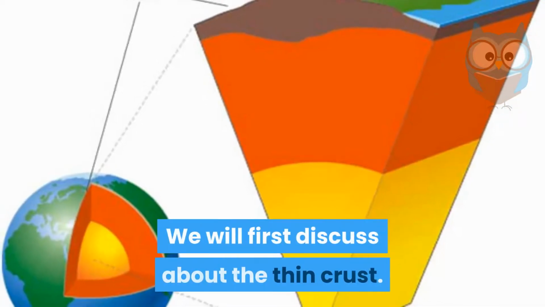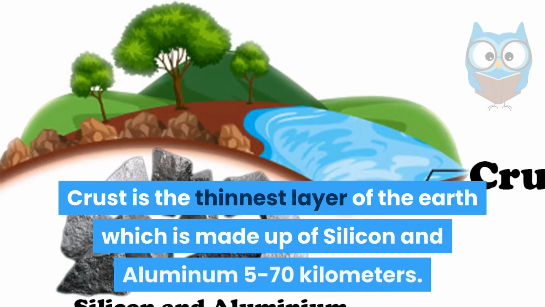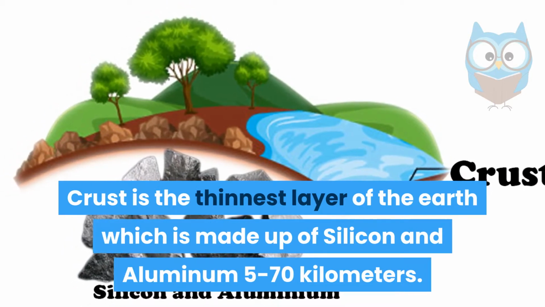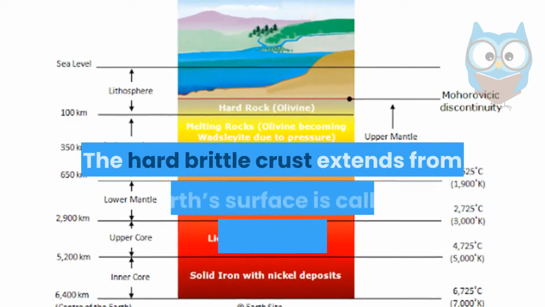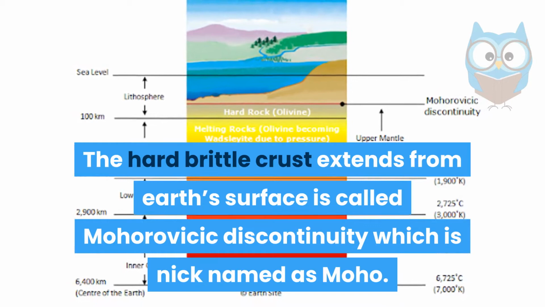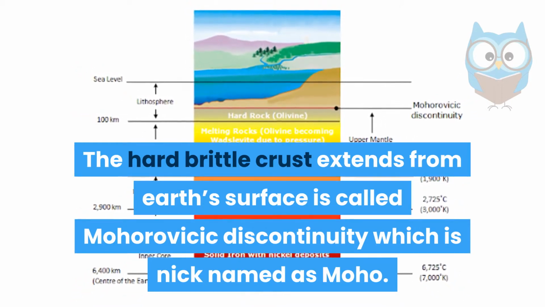We will first discuss the thin crust. Crust is the thinnest layer of the Earth, which is made up of silicon and aluminum, 5 to 70 kilometers thick. The hard brittle crust extends from Earth's surface to the Mohorovičić discontinuity, which is nicknamed MOHO.